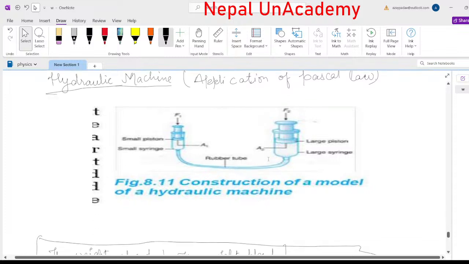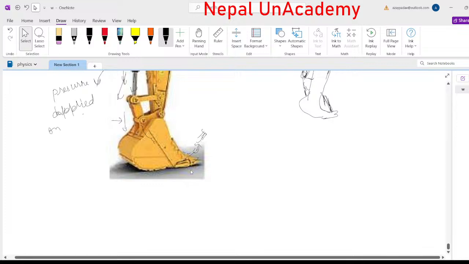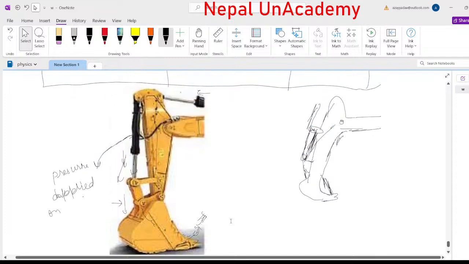And we have seen the application of Pascal law. The first one is the hydraulic machine. We have also seen one activity, the weight applied on the syringes with different pistons. And also we have seen how a hydraulic machine digs the ground. And further we will discuss the mechanism of the hydraulic machine in the next class.